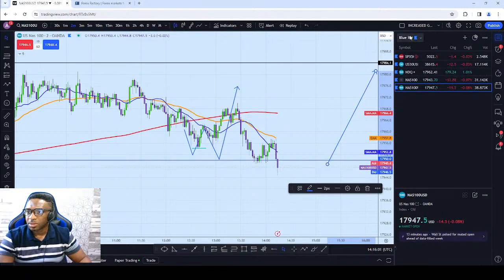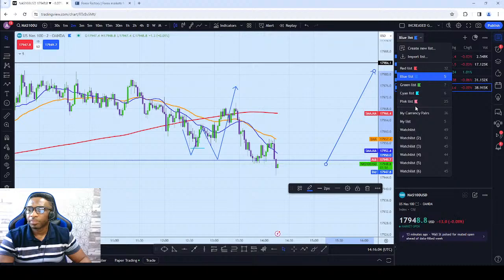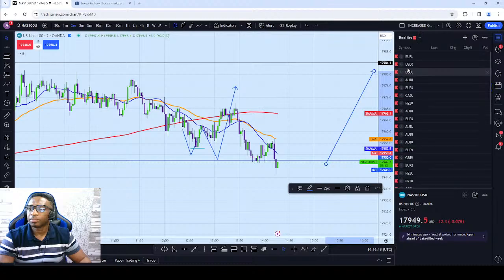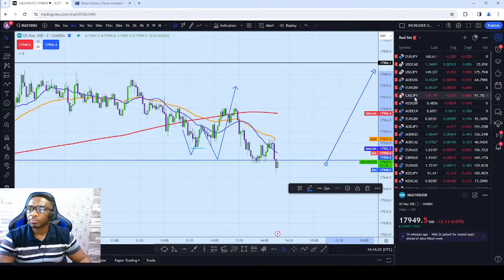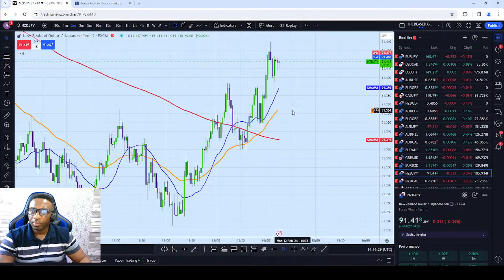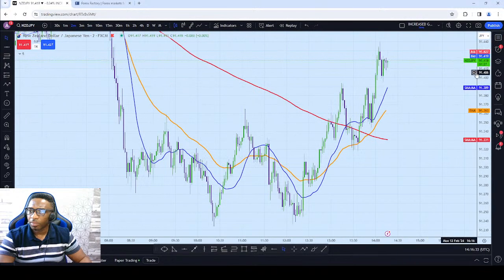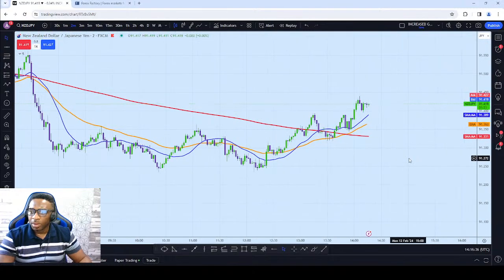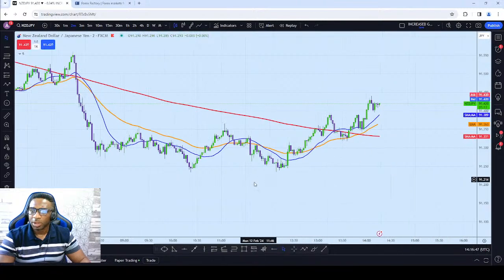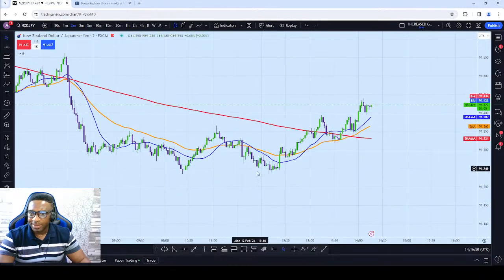Okay, let's look at NZD-JPY. Okay, so this is New Zealand Japanese yen.